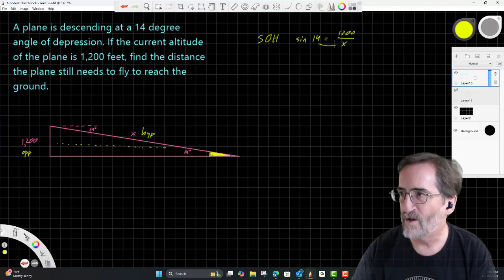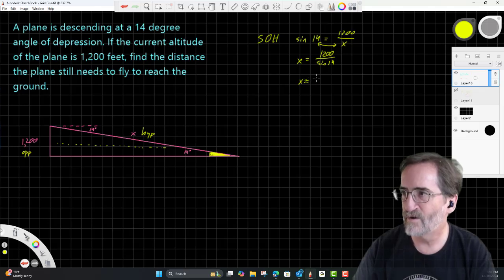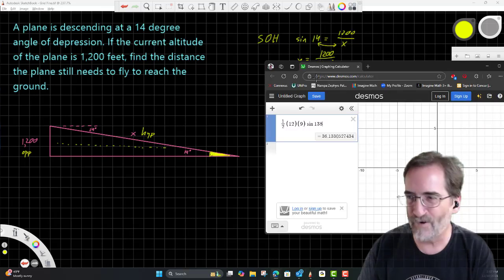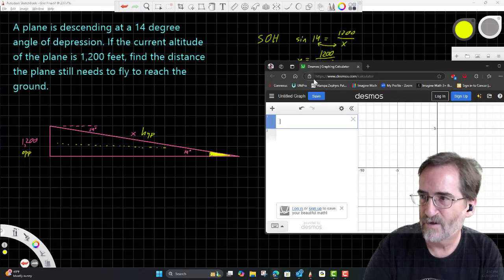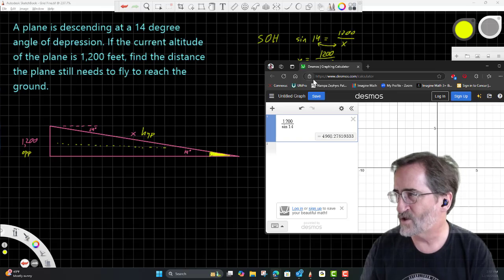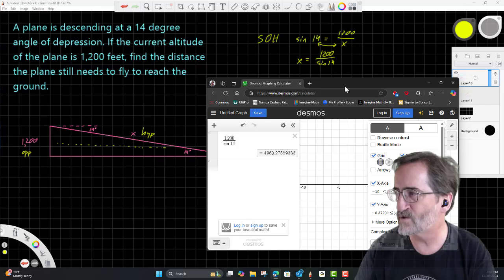You may recall when the x is in the denominator, we can simply switch. x equals 1200 over sine 14. So x is approximately 1200 divided by sine 14. Bring up Desmos. 1200 divided by sine 14. Do check and make sure that you have set Desmos to degree mode by clicking the wrench tool.